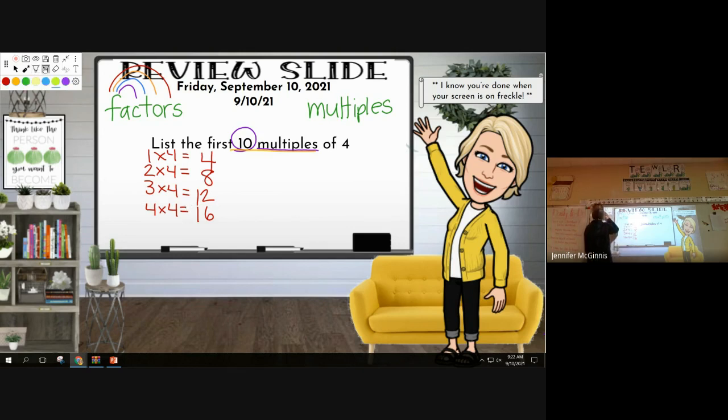Notice 4 multiplied by 1, 2, 3, 4. That is why this is called a multiple. Because when you multiply 4 times 1, you get 4.